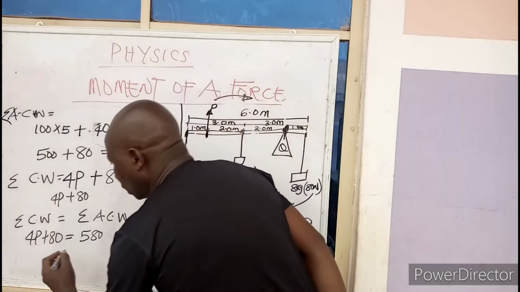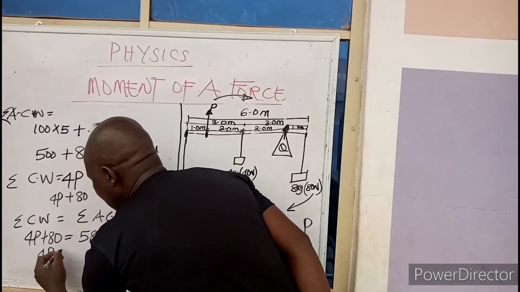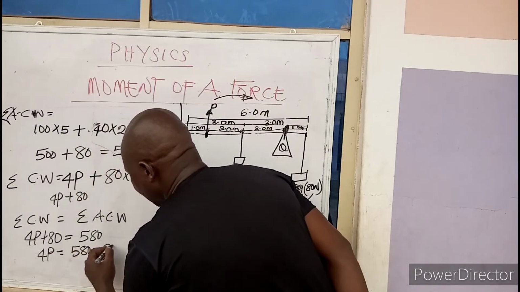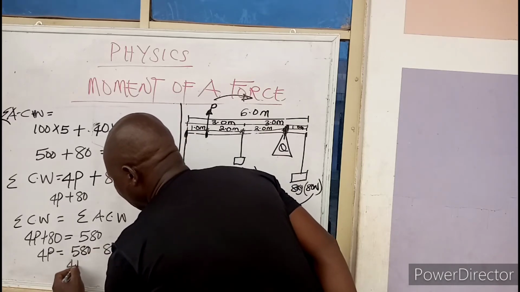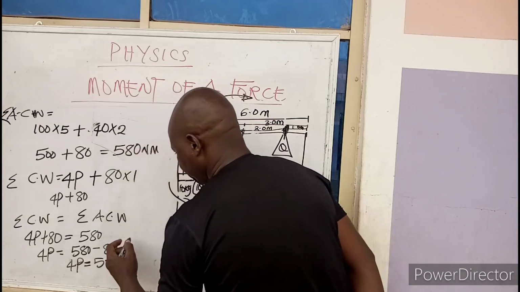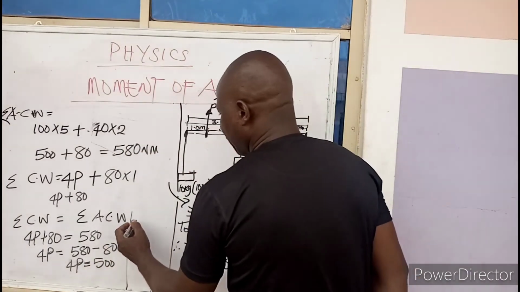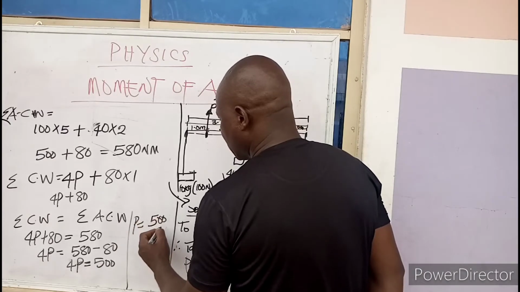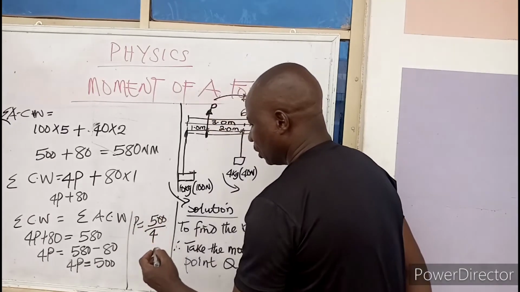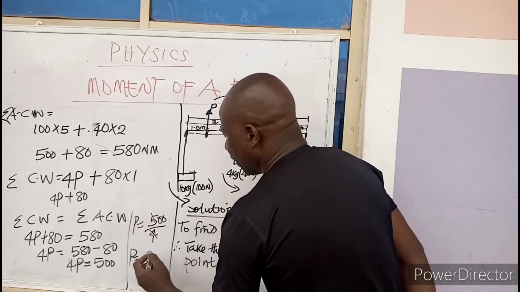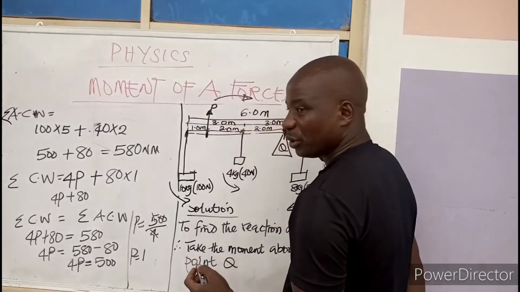When you collect the like terms, 4P is equal to 580 minus 80. That's 4P is equal to 500. Then we have P is equal to 500 divided by 4. 4 in 5, 1. It remains 1.